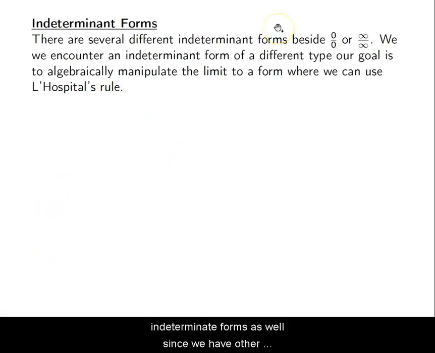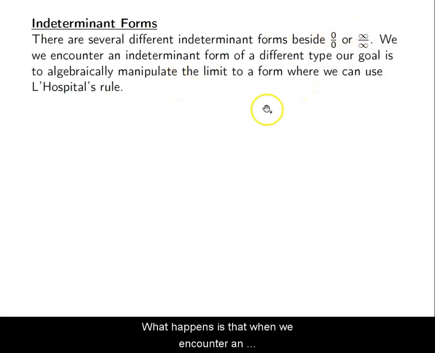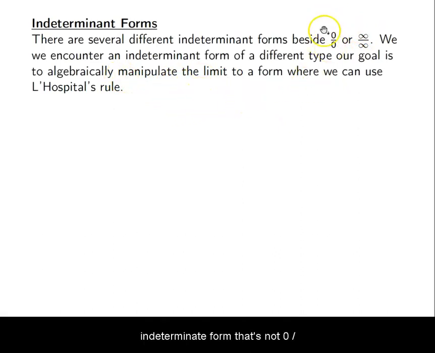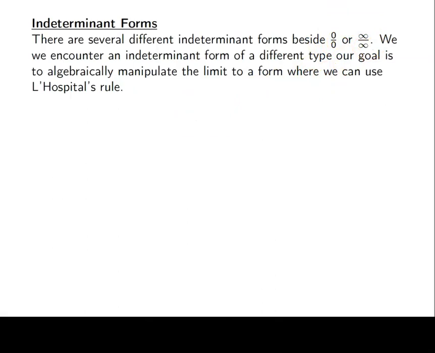So since we have other indeterminate forms besides 0 over 0 or infinity over infinity, when we encounter an indeterminate form that's not 0 over 0 or infinity over infinity, we need to algebraically manipulate the thing we're taking the limit of, our function, so that it looks like 0 over 0 or infinity over infinity. Okay, it's very, very important. This is an integral step for using L'Hopital's rule when it's not very apparent that that's what we should do.